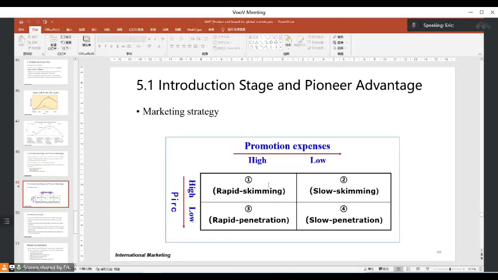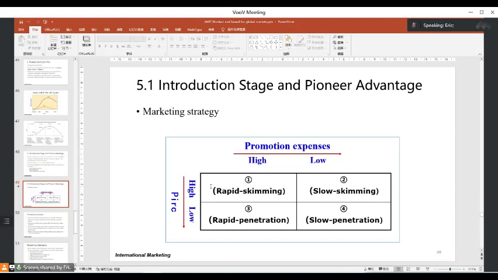Also, we should know that it will cost much, because we invest so much in the promotion and building the brand, sales promotion, advertisement, spending so much money. It will let the customer know this brand, this product. And also you set a high price, so in a short time you can get the profits in this market. So we call it the rapid skimming strategy.